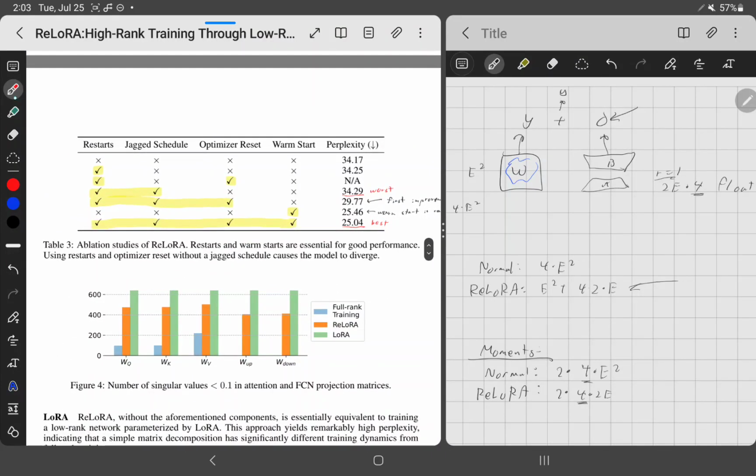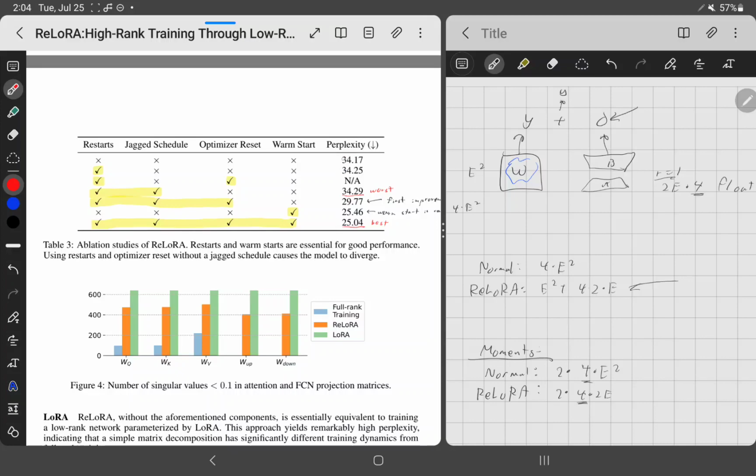Now let's go down here to the ablations. So if you just do your LoRa resets, then this is the perplexity right here. And if you do restarts, then the perplexity doesn't really change.